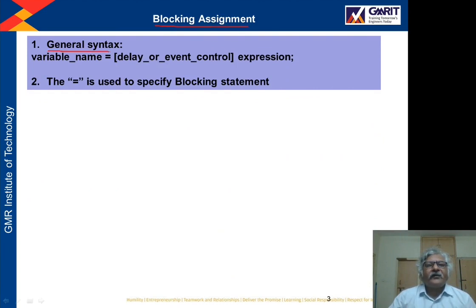The general syntax of the blocking assignment is variable name, then the assignment symbol of the blocking assignment statement, then delay or event control, which is optional, and then we can write the expression, right? Here this equal to symbol is used to specify a blocking statement.